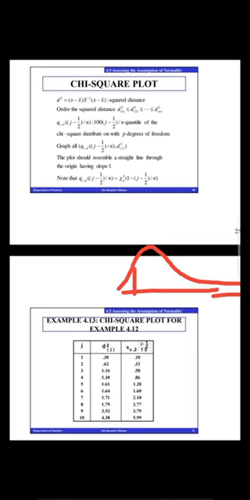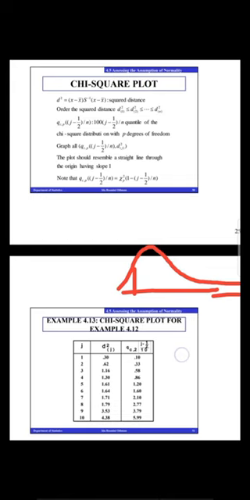Okay, another method to see whether the variables are bivariate normal or not is using the graphical plot, which is chi-square plot. Okay, in your textbook, the step to construct the chi-square plot is on page 184.